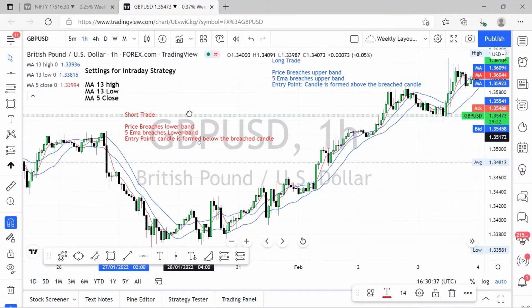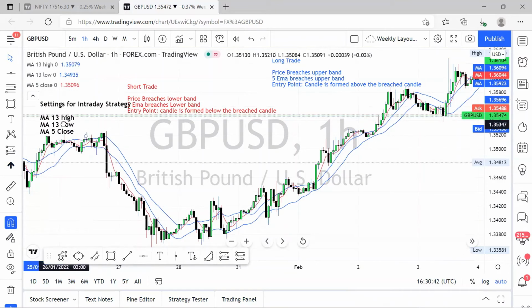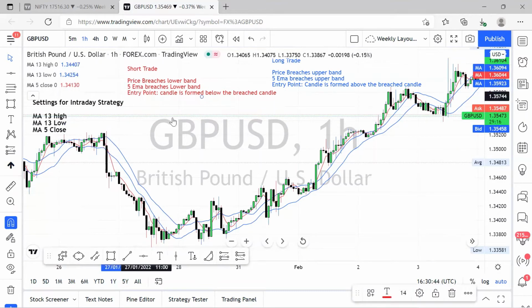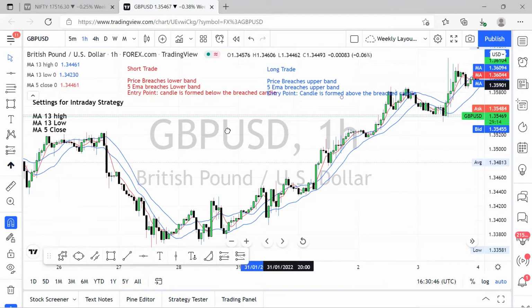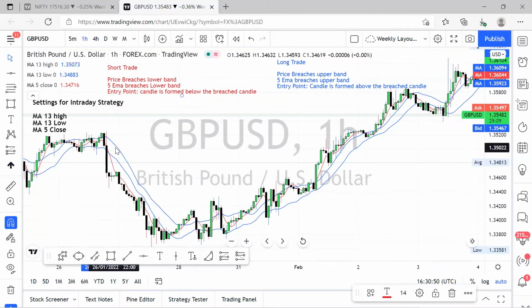For the short trade, the short trade is when we are selling. We have the upper bound, the lower bound, and the moving average 5. The moving average 5 you could describe as your trend direction indicator. When it goes from one side to the other, it starts to change the trend.